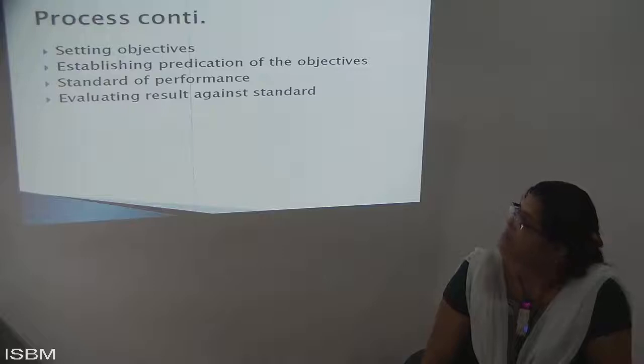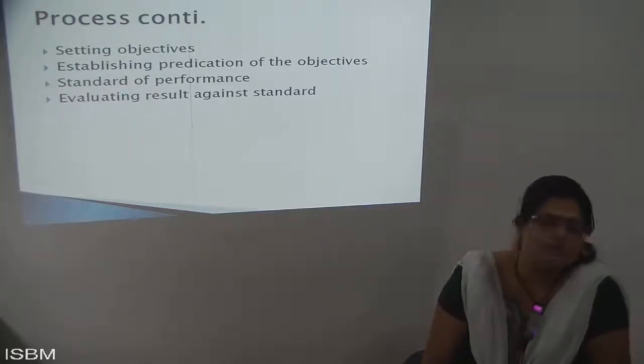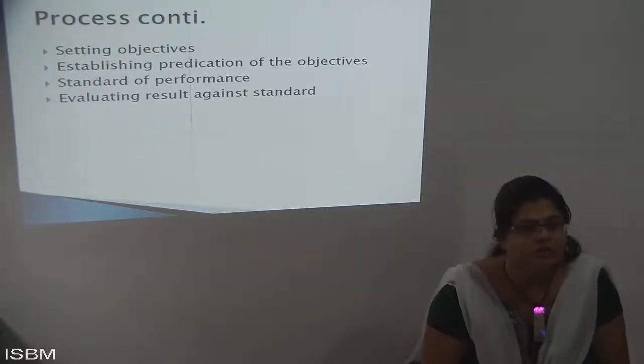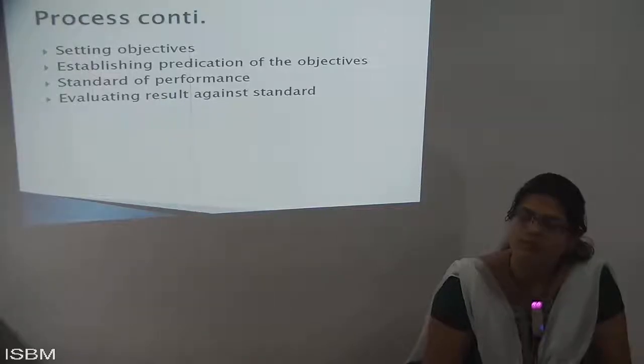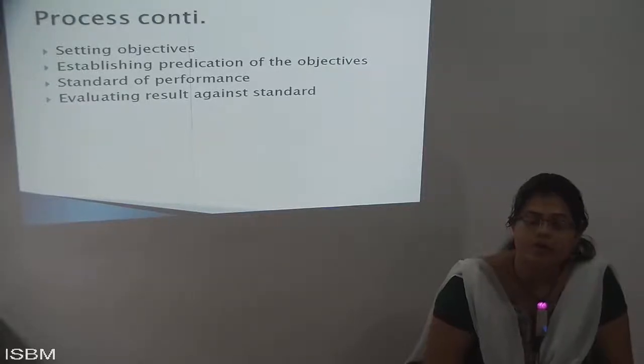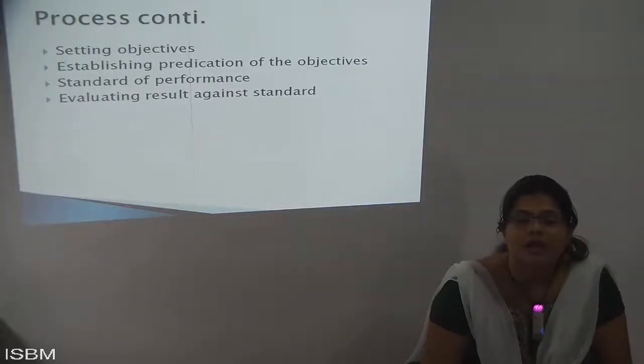Next is establishing the prediction of the objectives. First is setting of an objective, and you will know how to set the objectives. Second is the prediction of an objective, which means you will be thinking in a future-oriented way. It won't be for the shorter period, it will be future oriented.